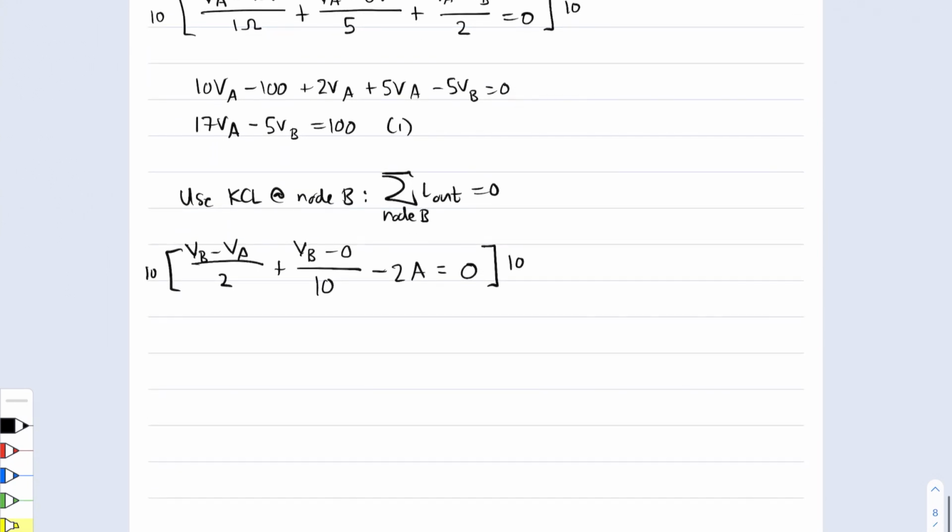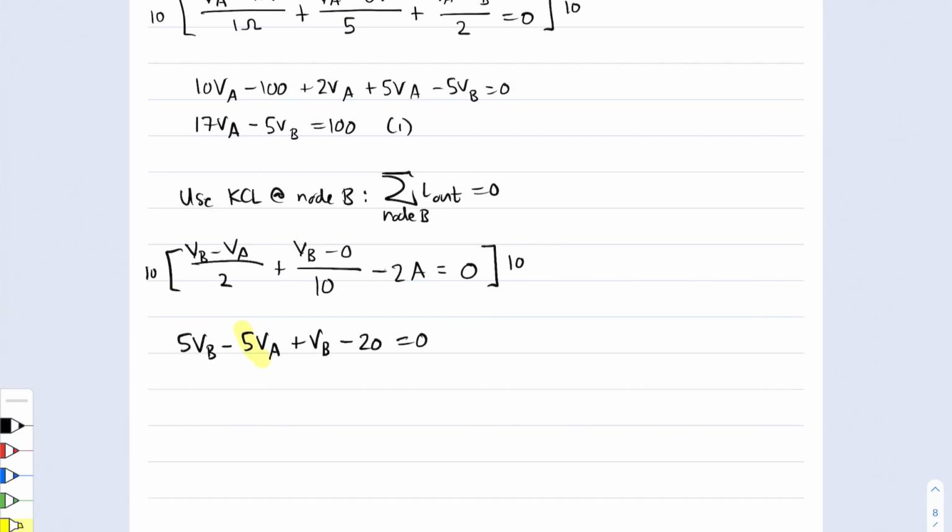So I'll multiply everything through by 10. 10 divided by 2 is 5, and I can distribute. So this is 5 VB minus 5 VA. For the next one, the 10 cancels out cleanly, and I end up with plus VB. And then I have to multiply 10 by 2. That's minus 20. That adds up to 0.